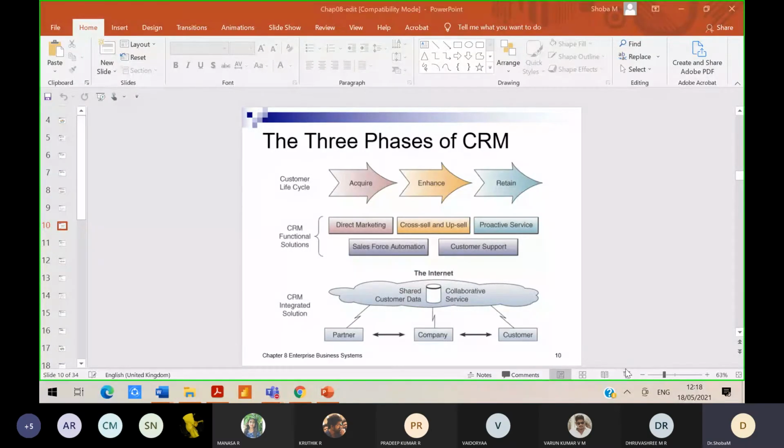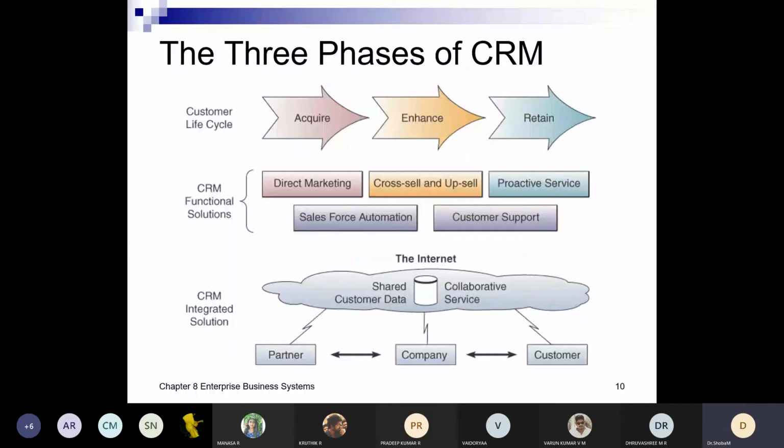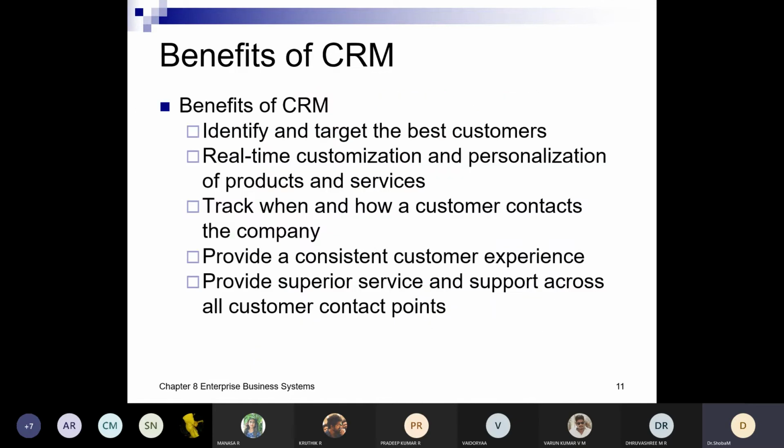So I'll just continue. Yeah. So this is the three phases of customer relationship management. Whatever I explained till now has been depicted in the form of a diagram, and hence it forms the three different phases of customer relationship management. Now, moving further, what are the benefits of customer relationship management?